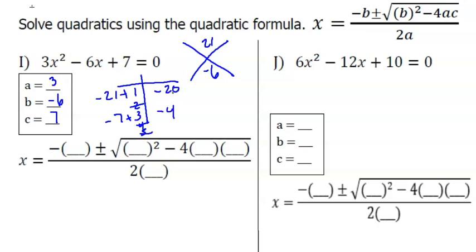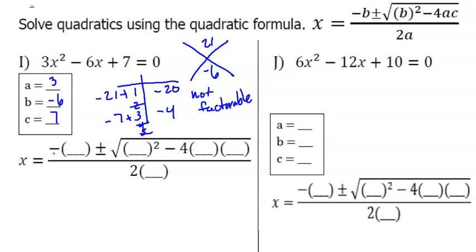Notice that neither of these sums give us negative 6, so you can't factor it. So the next thing to do is to use the quadratic formula to find your roots.